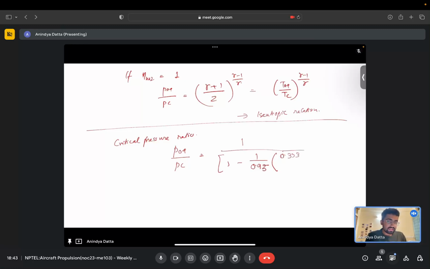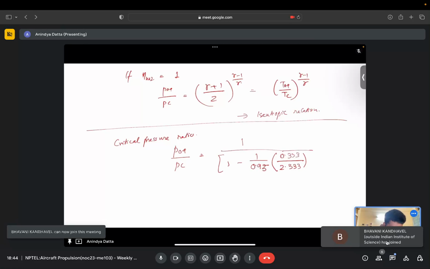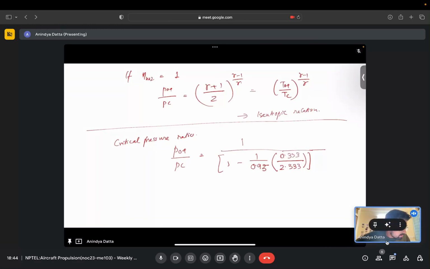Remember, we are dealing with exhaust gases, so the gamma value is 1.333, and the denominator is gamma plus 1, which is 2.333. This will be raised to the power gamma by gamma minus 1, where gamma is 1.333 and gamma minus 1 is 0.333. If you solve this, you will get the critical pressure ratio as 1.914.